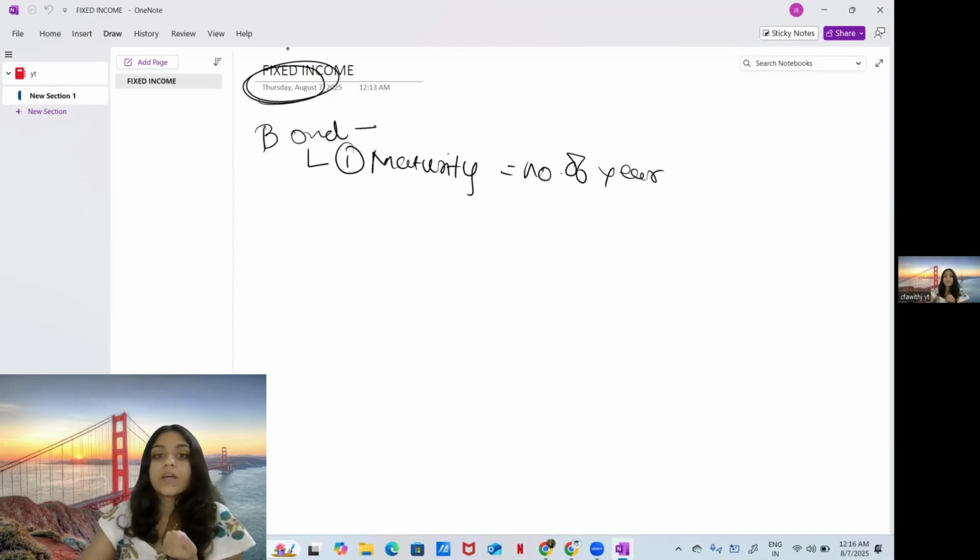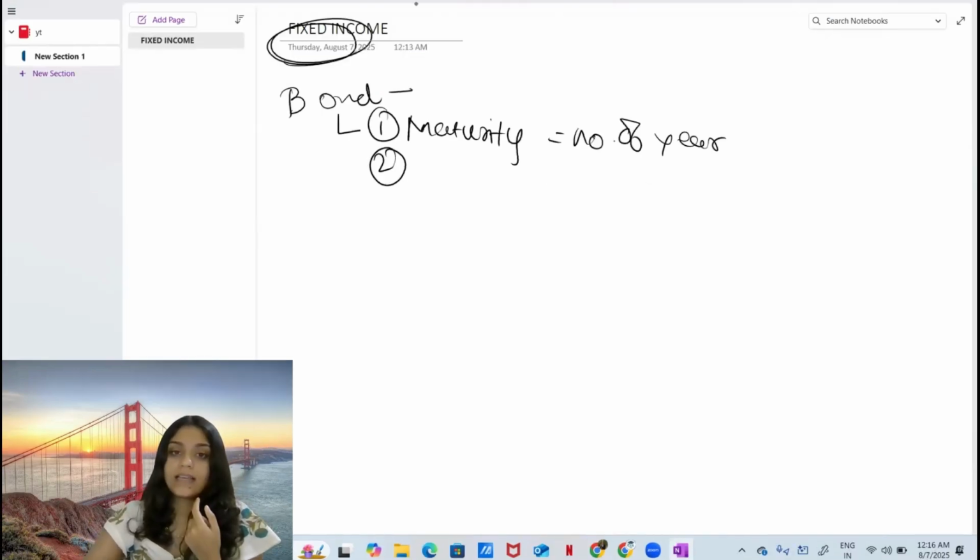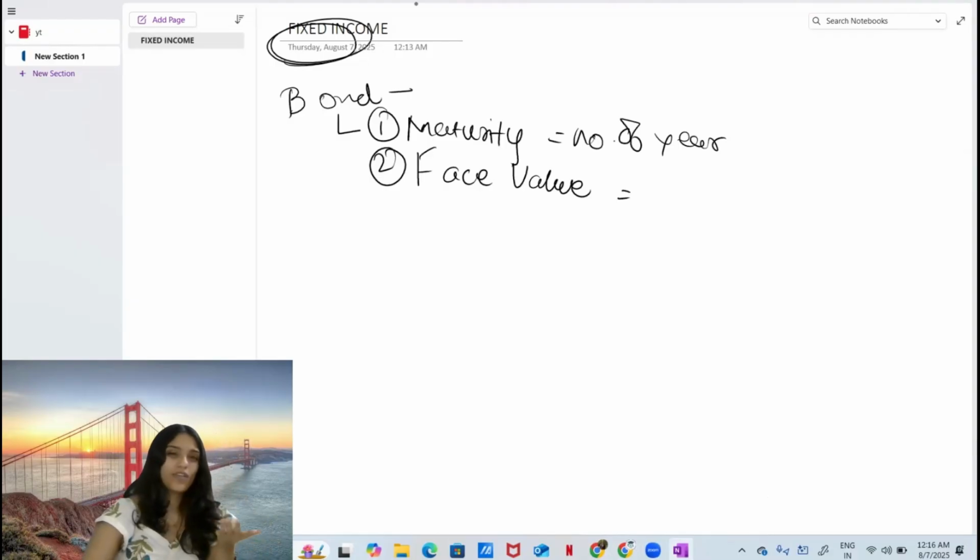given to the borrower. Then second is face value. So what is face value? Face value, technically it is always 100 or 1000, at least while solving sums. But face value is the amount that you get back at the time of maturity.